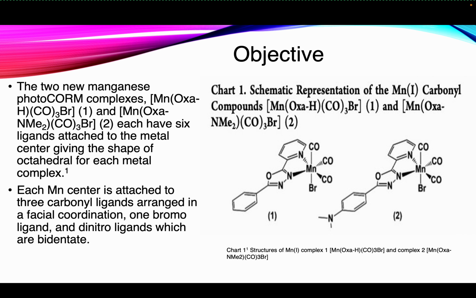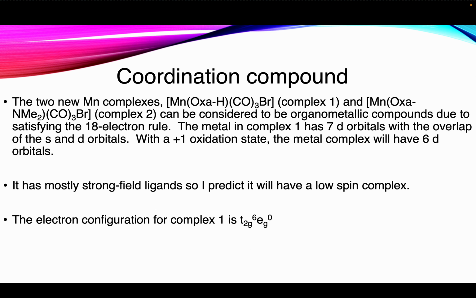Each manganese center is attached to 3 carbonyl ligands arranged in a facial coordination, 1 bromo ligand, and a diimine ligand, which is bidentate. The 2 new manganese complexes, complex 1 and 2, are considered to be organometallic compounds due to satisfying the 18 electron rule.